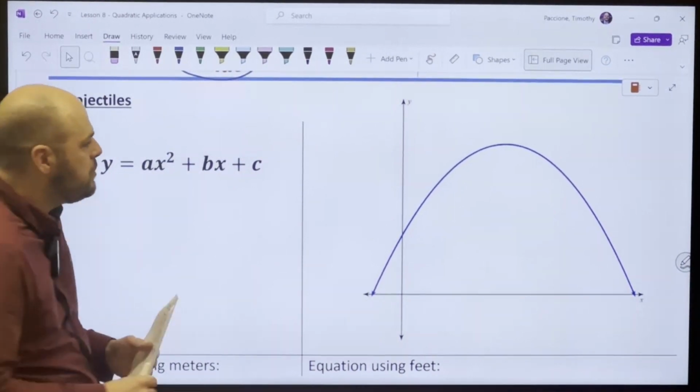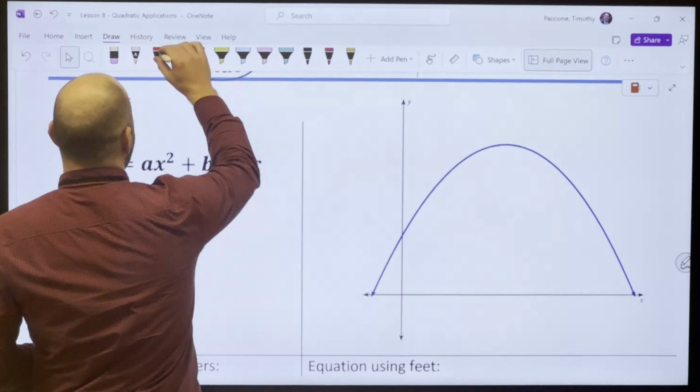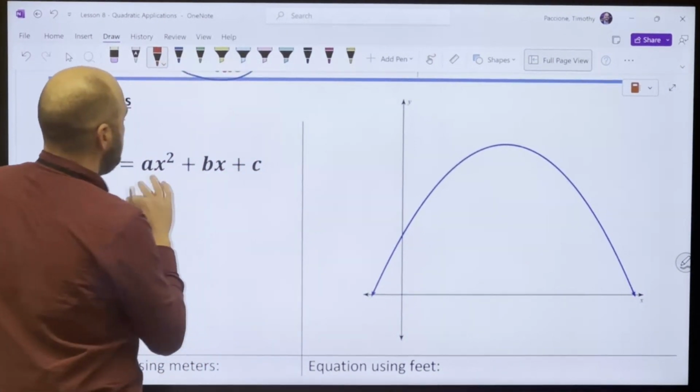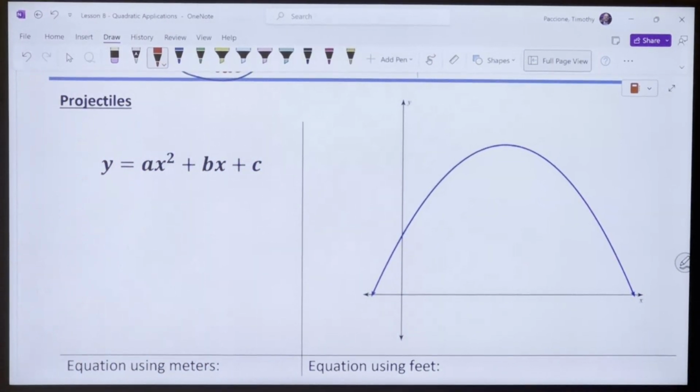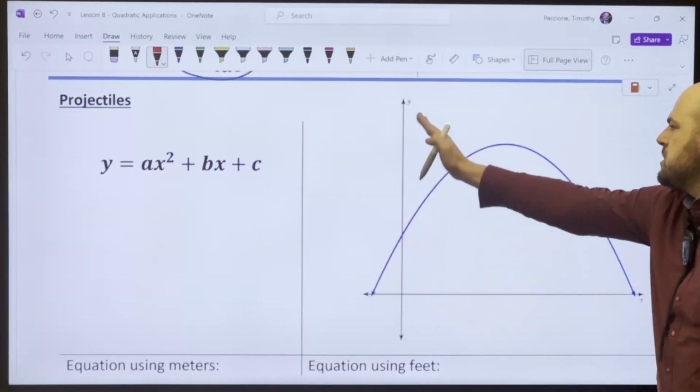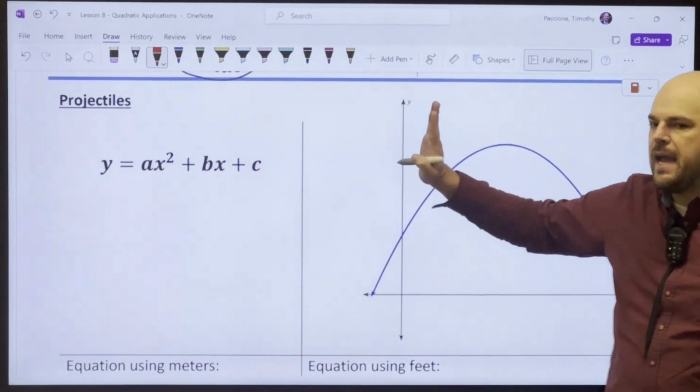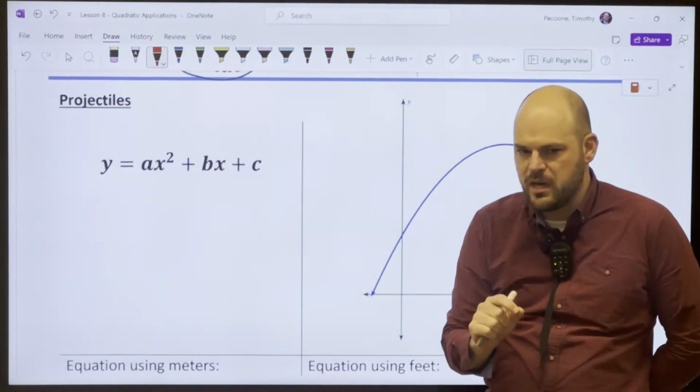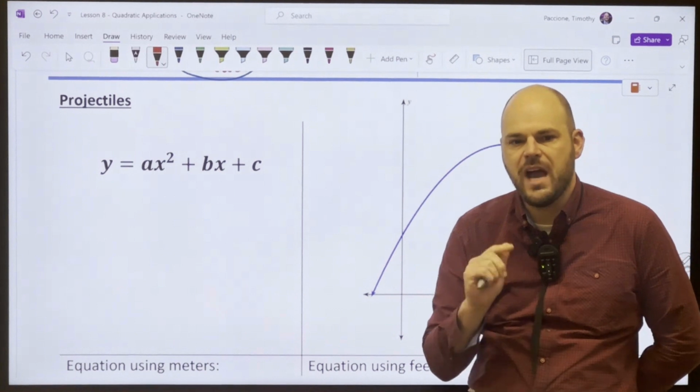Okay, so let's start by just talking about this picture. This is our standard form of the quadratic equation, and we got x and y, but we're not really dealing with x and y here. This is our y, this is our x. What is our y in this situation? If you think about a projectile, it's our height.